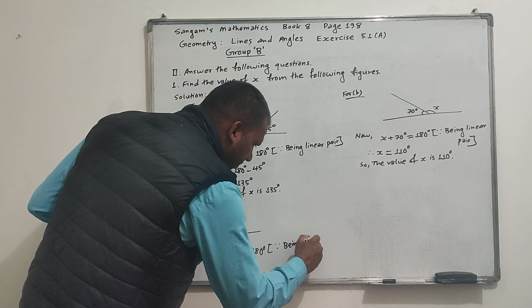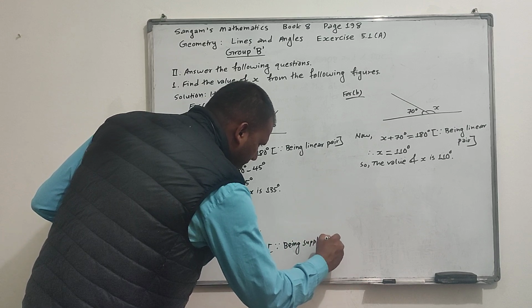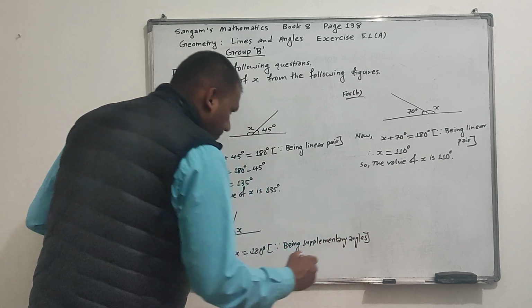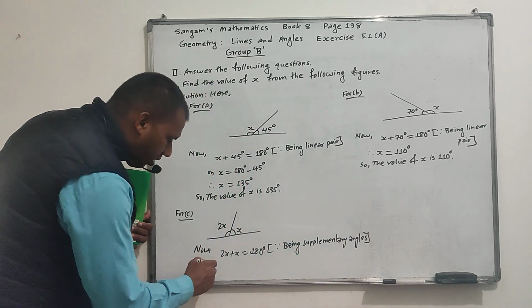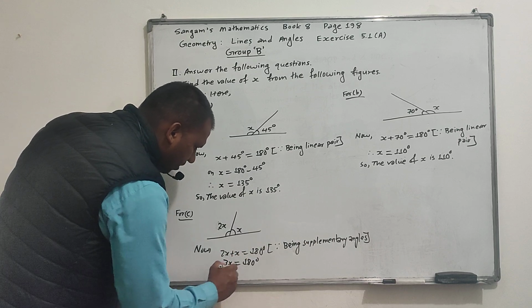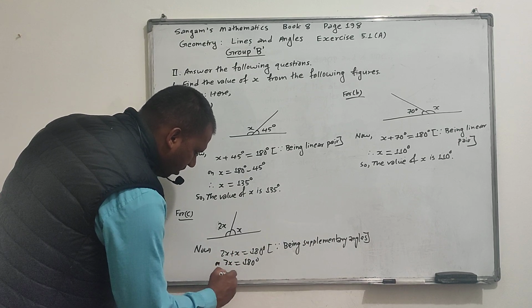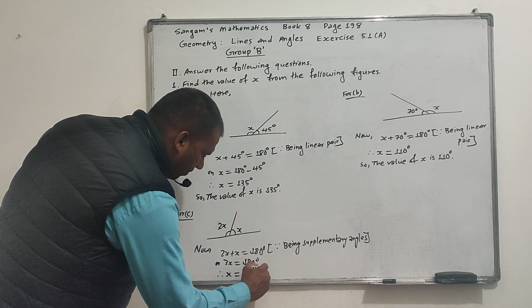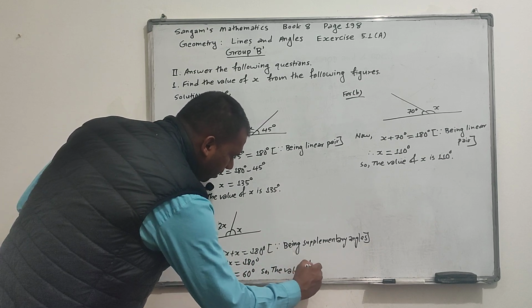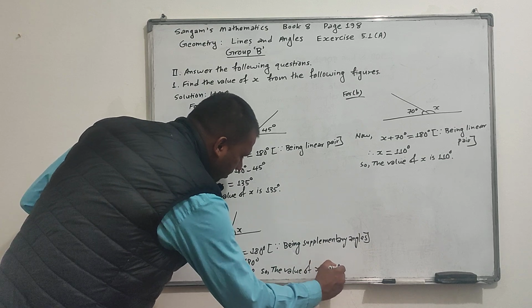Being supplementary angles, or 3x equals 180 degrees, therefore x equals 180 divided by 3, that is 60 degrees. So the value of x is 60 degrees.